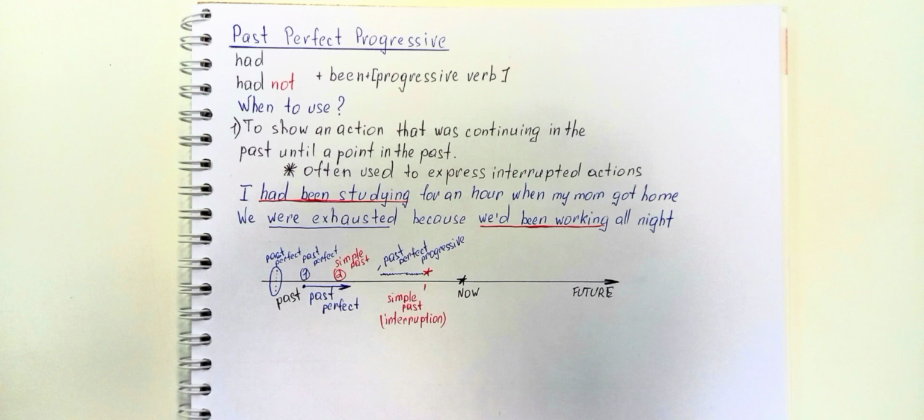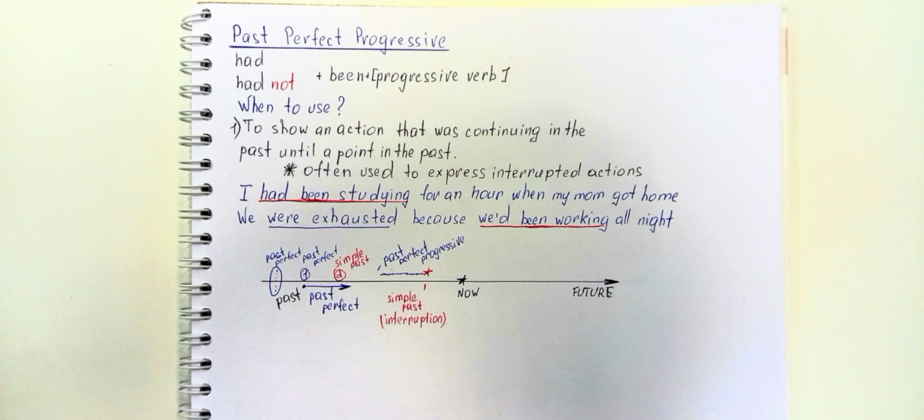We can also use this, kind of like number 1.5 or 2 for today, to talk just about actions that didn't necessarily change or get interrupted, but we want to talk about something that was continuing.